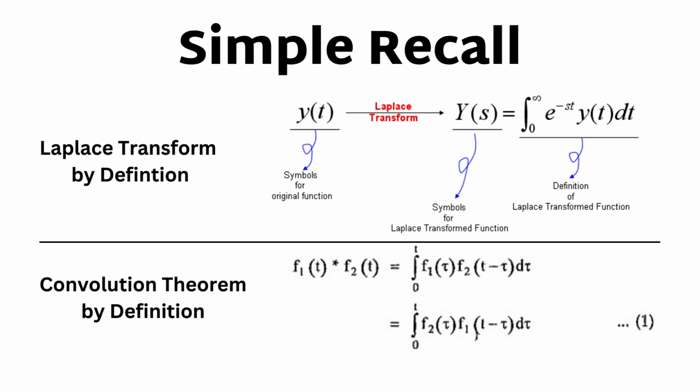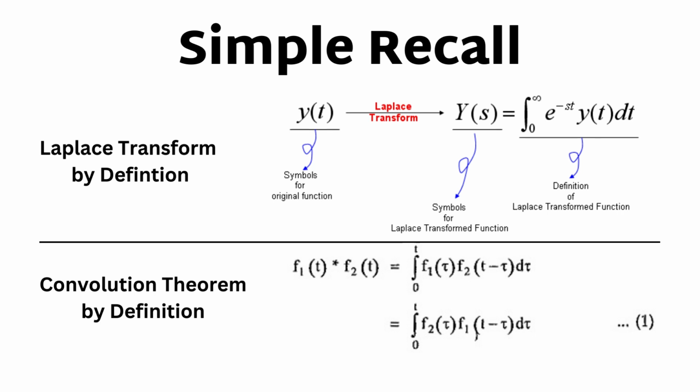So before anything else, I would like to do some simple recall about the topics we had last semester. Laplace transform. In this example, we have function y of t, and when you do the Laplace transform, it is then denoted as a capital letter Y of s.